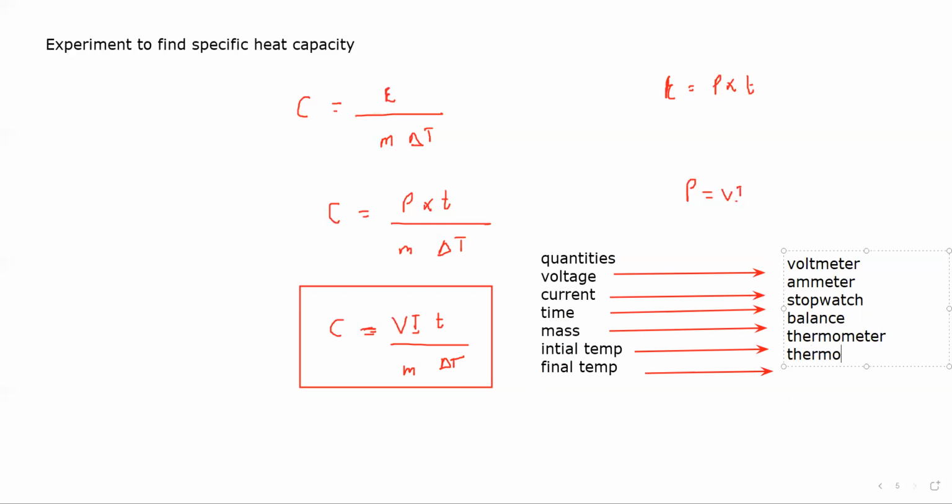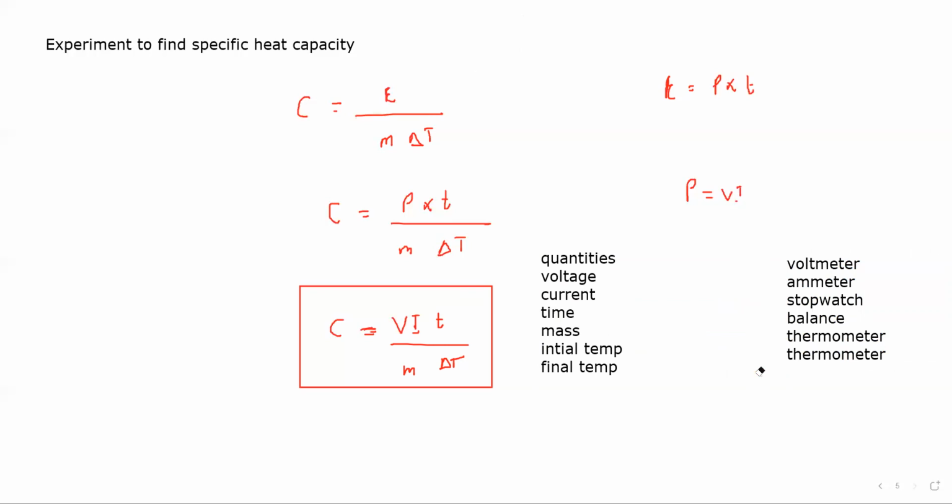And we calculate the temperature change by the difference of the two values. So these are the things which we need to measure the specific heat capacity for any material. It can be a solid, a liquid, or a gas.